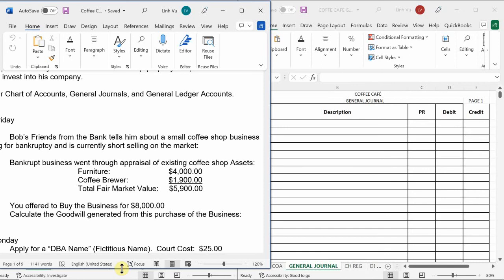So we bought the furniture from the bank, or we bought everything from the bank? We bought the shop, and the shop had furniture and a coffee brewer. And since we bought it for more than what the coffee shop is worth, we generated goodwill. So now we could say coffee shop purchase, right?